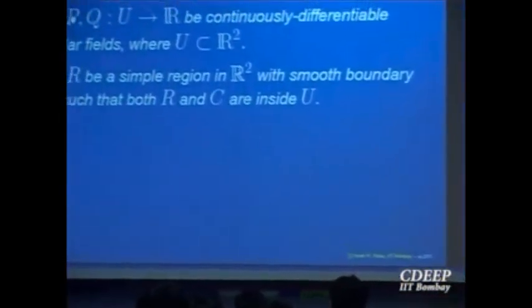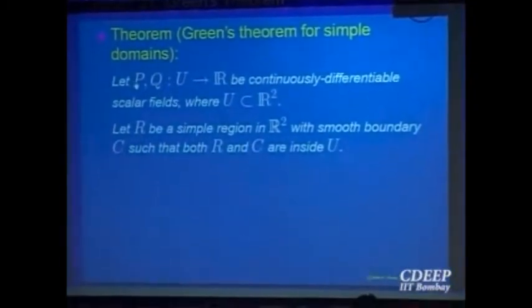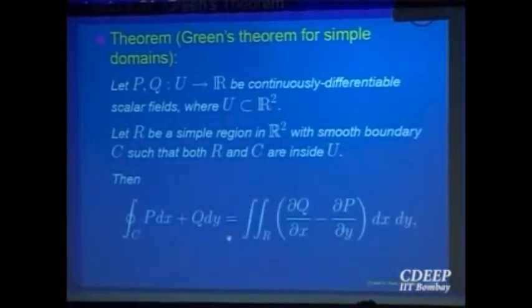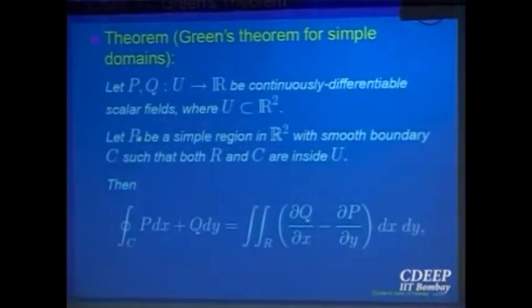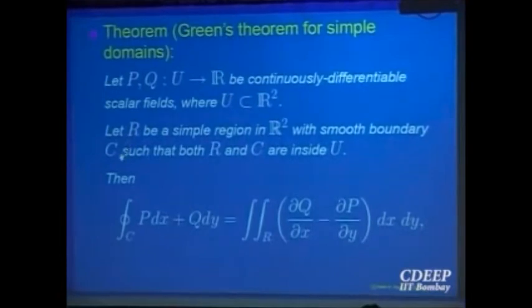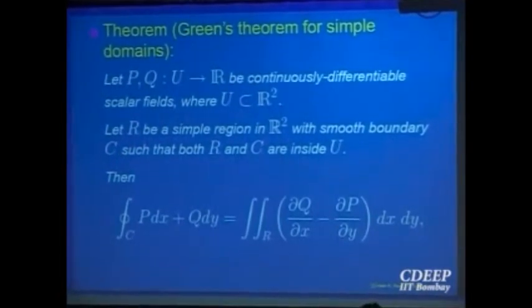It says that supposing you are given a vector field with x component P and second component Q, so Pi plus Qj is a vector field given in a region U, and R is a region which is inside U, and C is the boundary of that region, which is a simple closed curve with a smooth boundary.